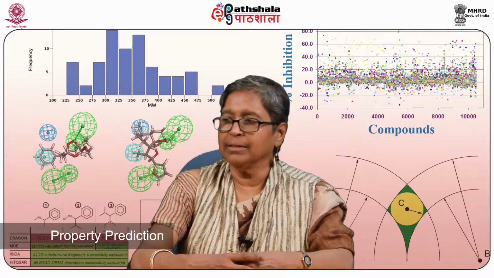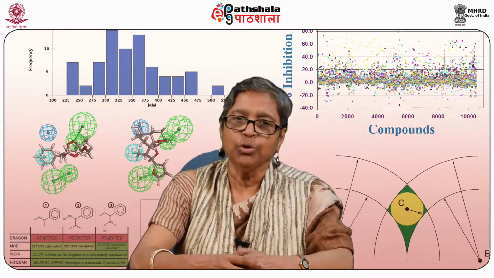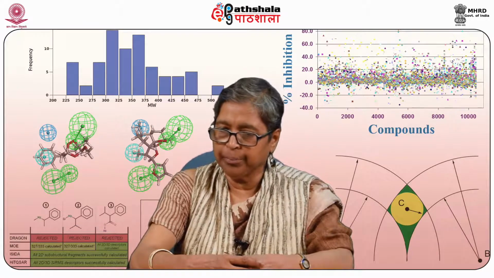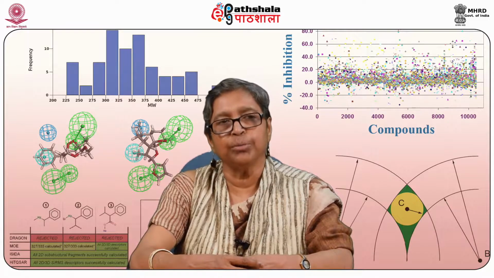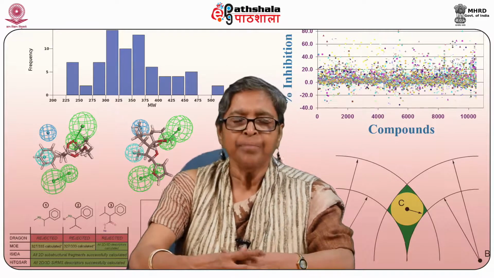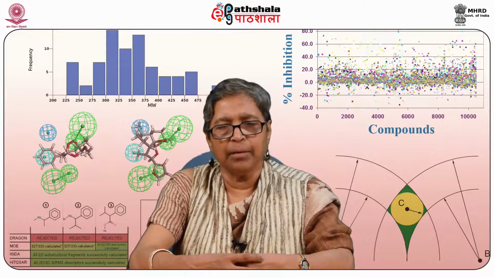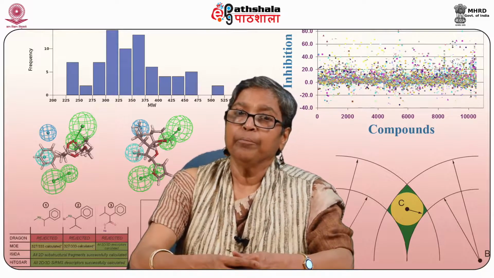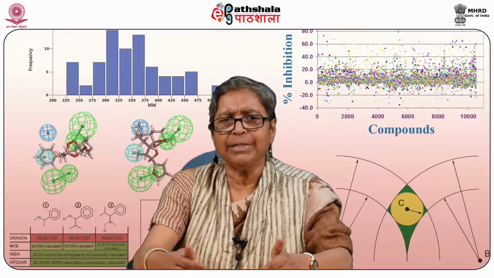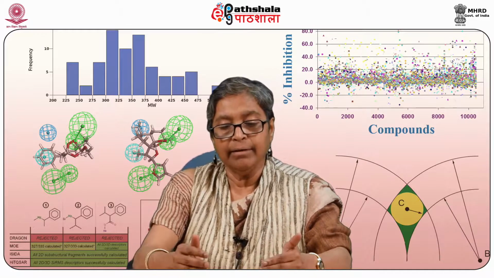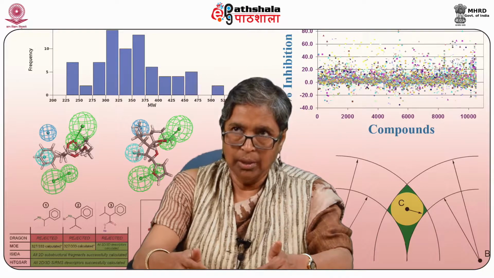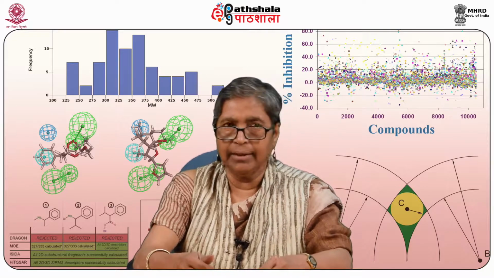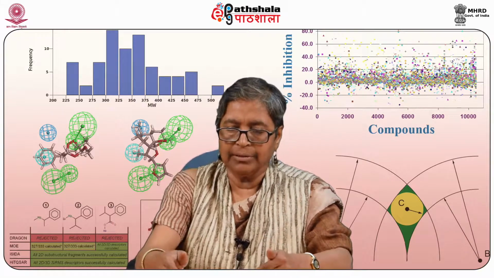Property prediction is often useful for predicting the chemical properties of molecules from the descriptors, and we will cite some of these examples. However, most often many of the properties are used, and then regression methods are used, sometimes linear, sometimes non-linear, to predict such properties.